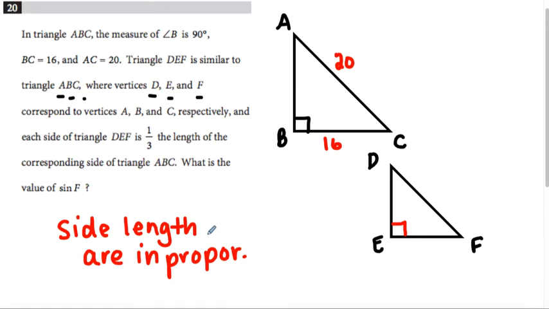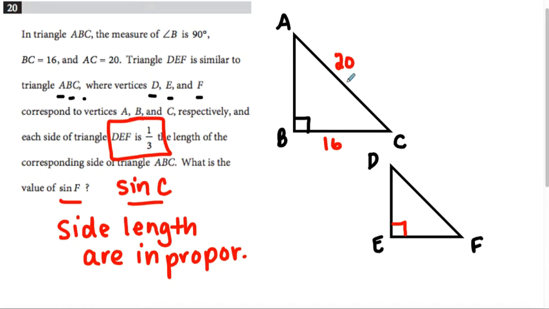All right, so I actually only need to find the sine of C because if two angles are congruent, then their sines are going to have the same ratio. So I don't even really need this 1/3. It doesn't matter to me.